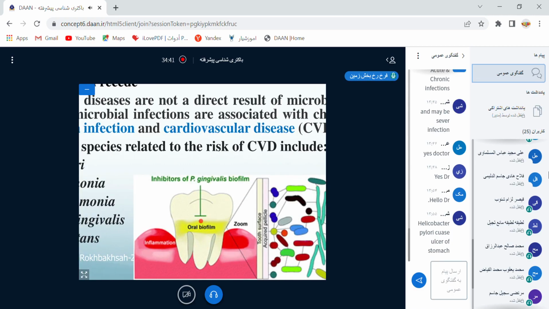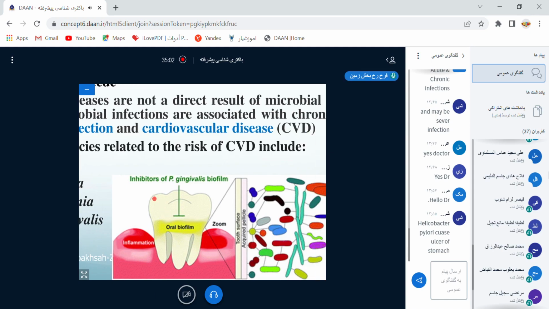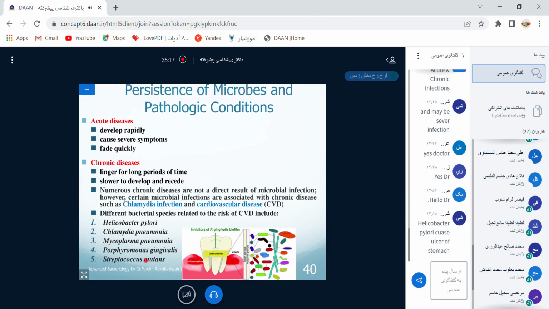So this is the main infection. But sometimes, along with the main place of infection, there is secondary involvement also. So these bacteria present on teeth can cause cardiovascular disease of the heart.